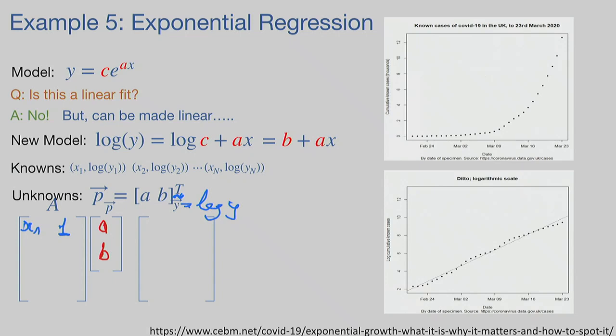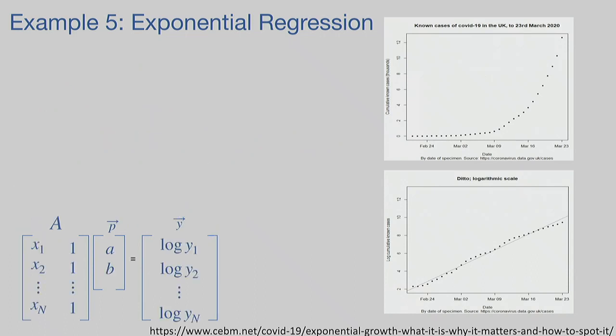Equals log y1. That's the first equation. Second equation, well, I've got x2 and log y2. So again, I would get x2, 1, and then log y2. And then I can keep going with all my data.